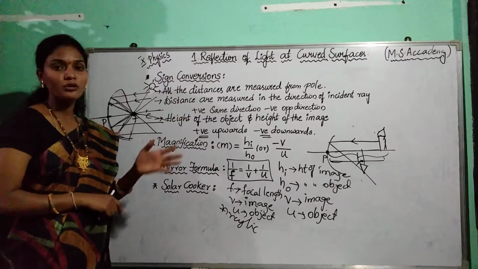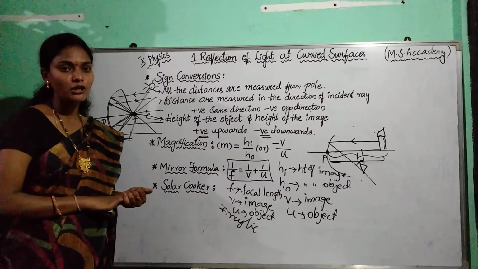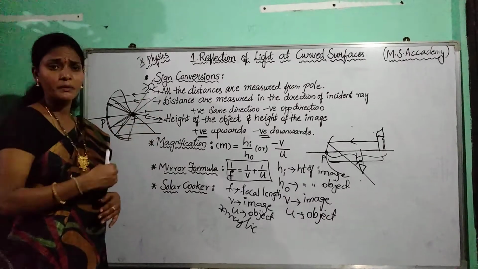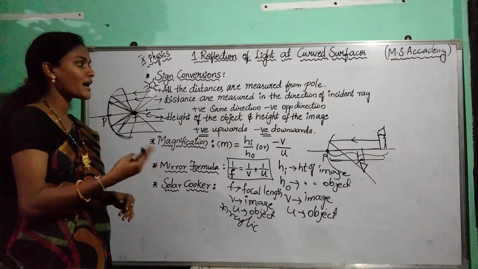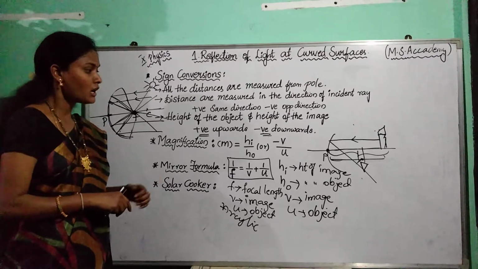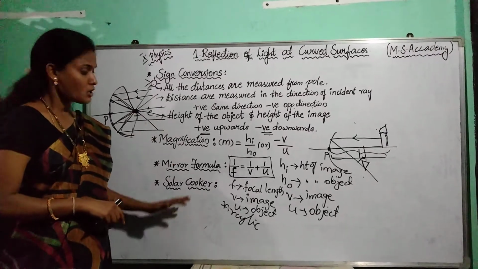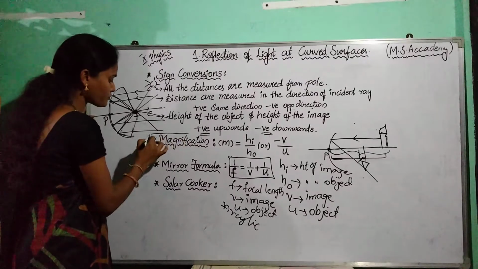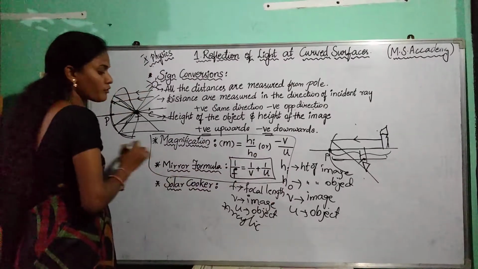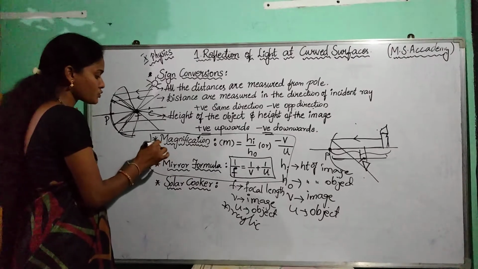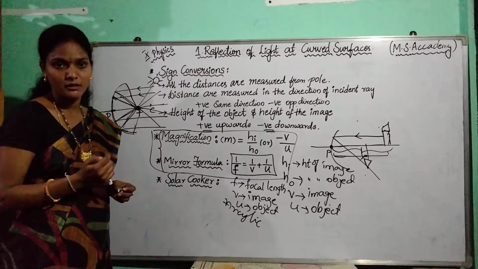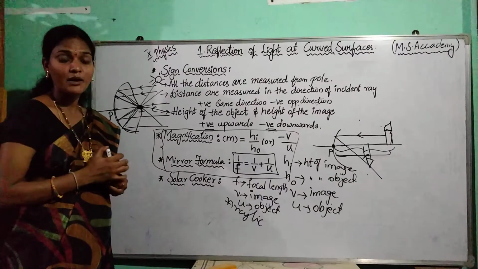Those are the 4 important rules. For 2 marks you can expect that question. So this is very important. These 2 formulas you have to remember in this chapter, magnification and mirror formula. You can expect these 2 in the form of problems. Yes, with this I have completed.